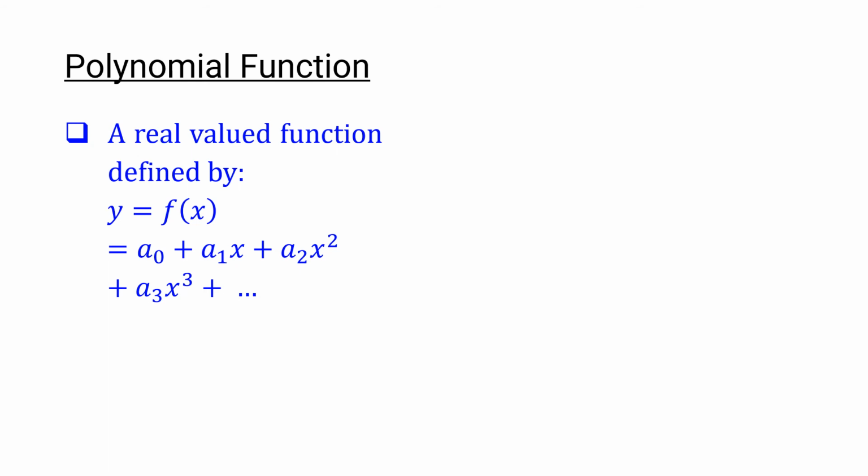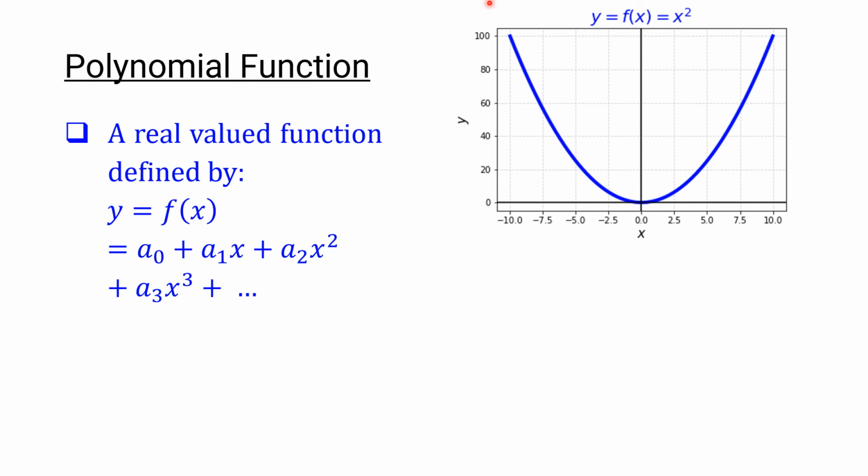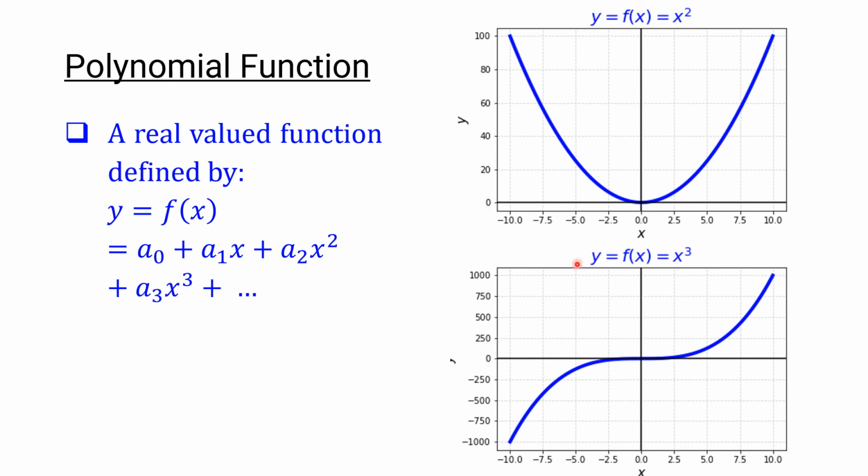If all the constants except a0, a1 and a2 are 0, then this is a quadratic function. And if all the values except a0, a1, a2 and a3 are 0, then this is a cubic function. The quadratic function is shown by this curve, and the cubic function is shown by this curve. The domain and range of the polynomial function both are real values.